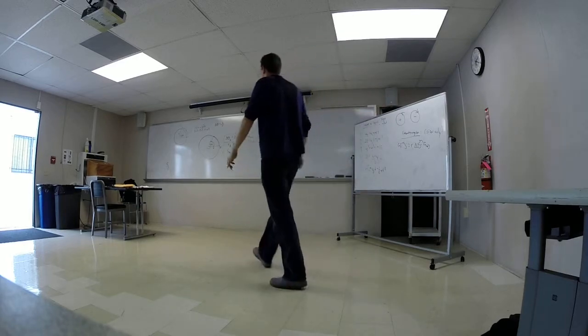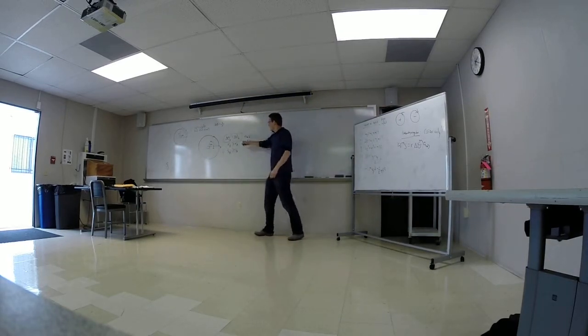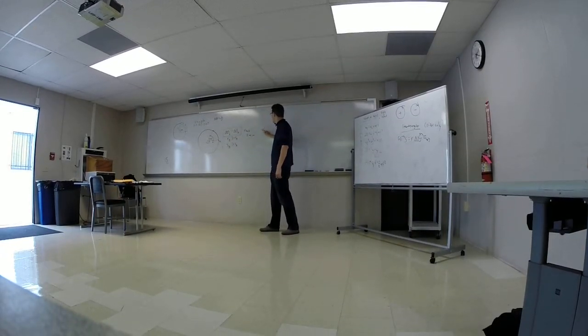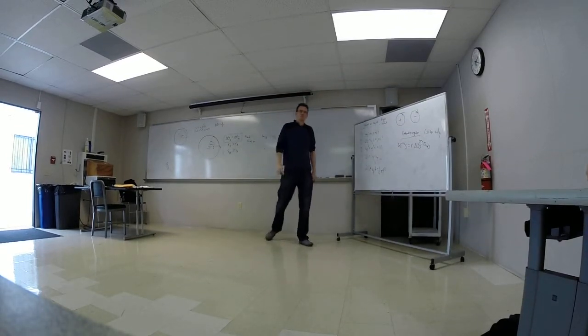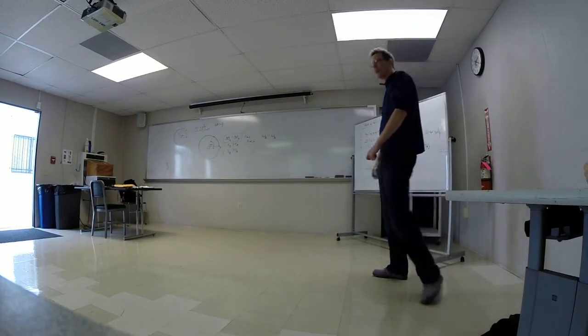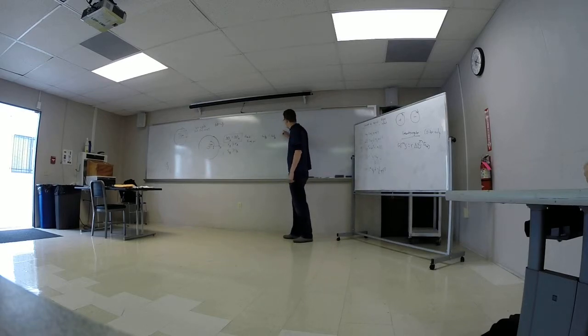So if we progress from here, we can also say that if they cover the same angle in the same time, their angular velocities are equal. Right? They cover the same angle in the same time. So remember that the definition of average angular velocity is angle covered per time.